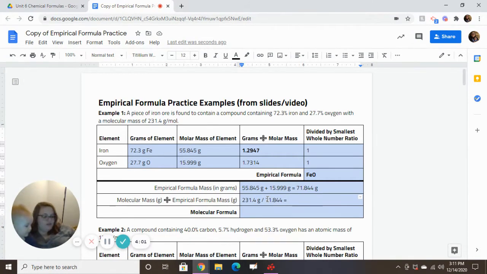That gives me 3.22, so I'm going to round that to 3. So my molecular formula becomes Fe3O3. Okay, so that's how we did the first one.